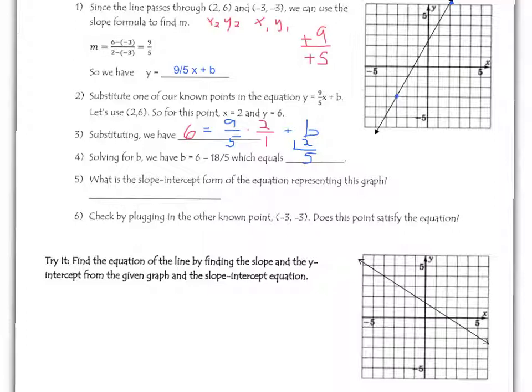Okay, now we can write our equation. We go back to this equation, we plug 12/5 in for b, and we get y equals 9/5 x plus 12/5. Okay, now to check that our equation was correct, we plug in our other point. This is the point we didn't use to find b.